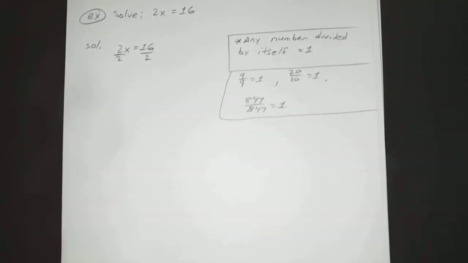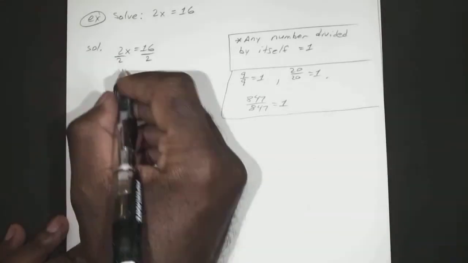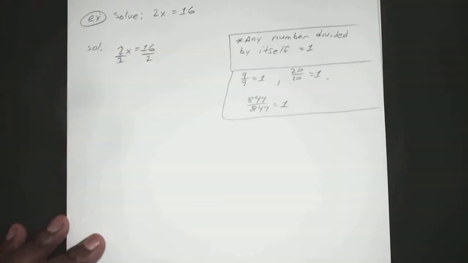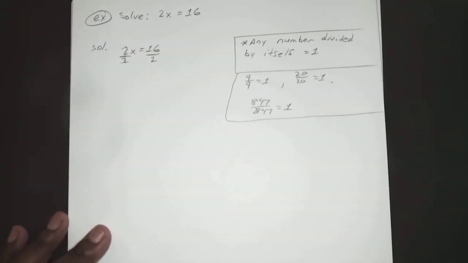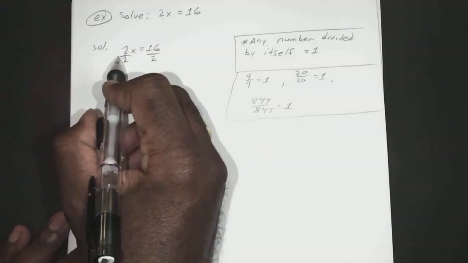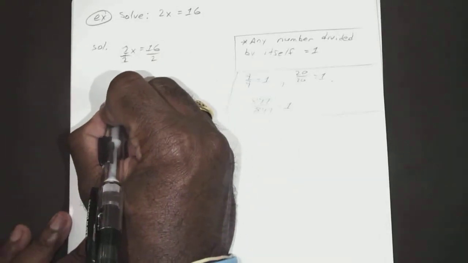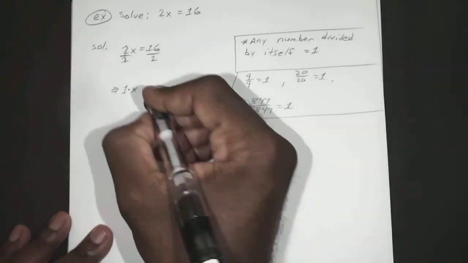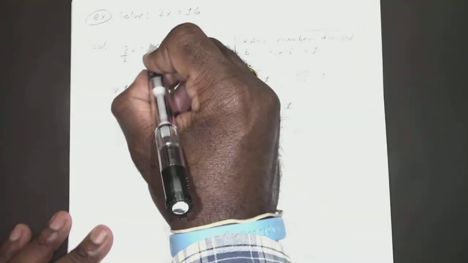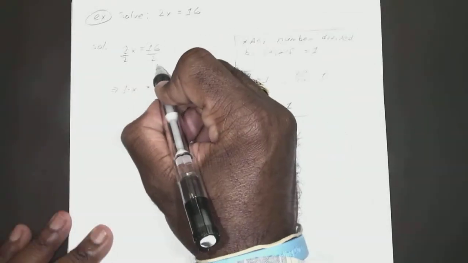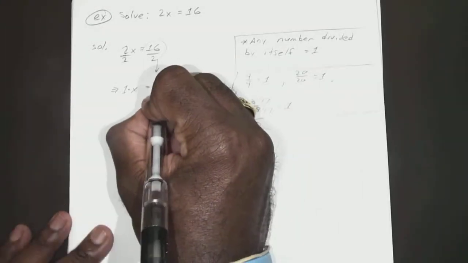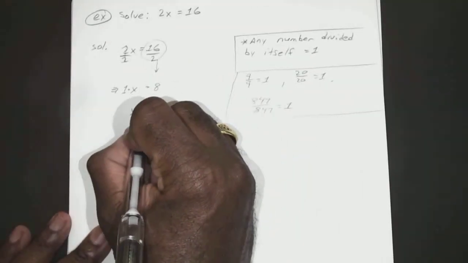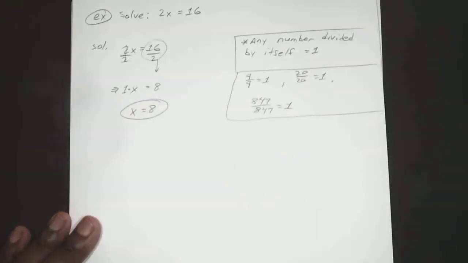As long as you're dividing it by itself, it's just always going to equal 1. So we know that 2 divided by 2 is going to equal 1. So 1 times x is just x. That leaves you with 1 times x, which you don't have to write the 1, equals 16 divided by 2, which is just 8, or x is equal to 8.